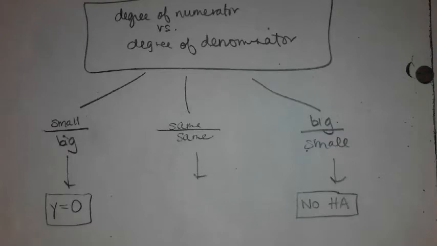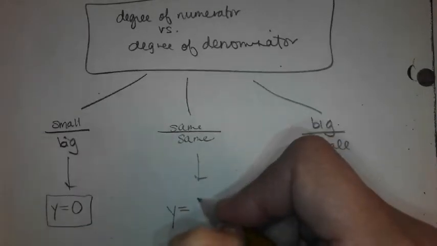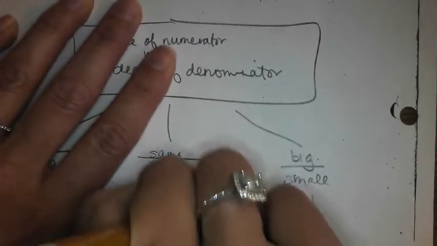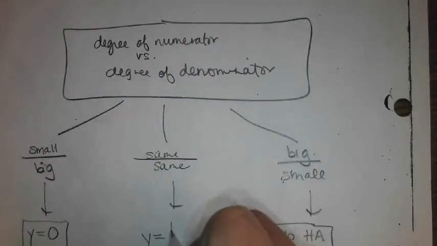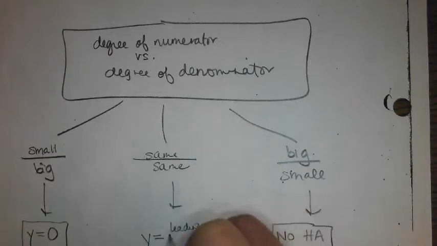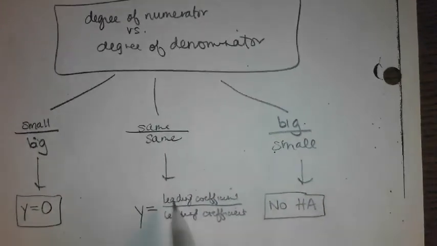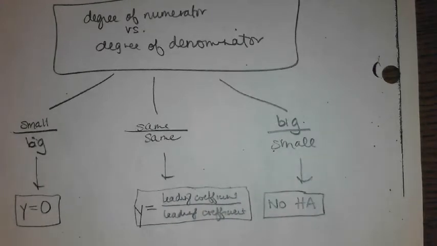And if it's same over same, your horizontal asymptote is going to come from the leading coefficient of your numerator over the leading coefficient of your denominator. You'll have to see a concrete example of that to probably make sense of it, but you get it from the ratio of your leading coefficients. Okay?